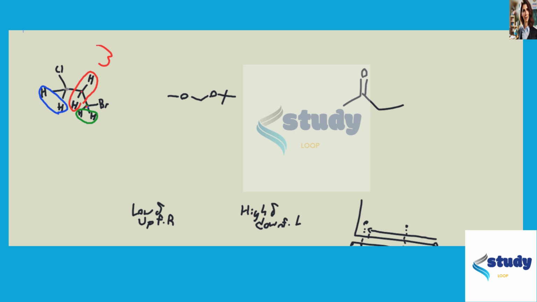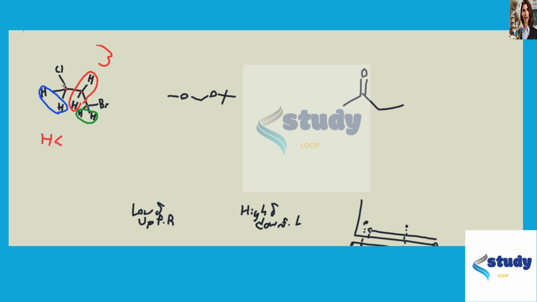But this carbon is bound to two protons and a carbon and a carbon. So we see that these two protons are furthest away from either electronegative halide on this molecule. So we can say that these red protons will have the smallest chemical shift value out of any. They will be the most shielded.